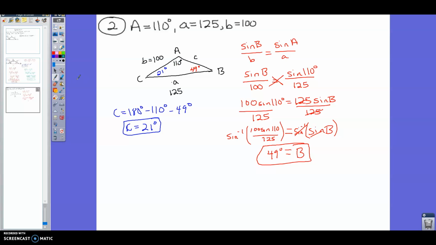So now that we have angle C, now we can find side C by using the law of sines. So we fill out angle C, which we just found was 21. Side C is what we're looking for. Angle A is 110, and side A is 125. So we're going to cross multiply and divide. So now we divide.